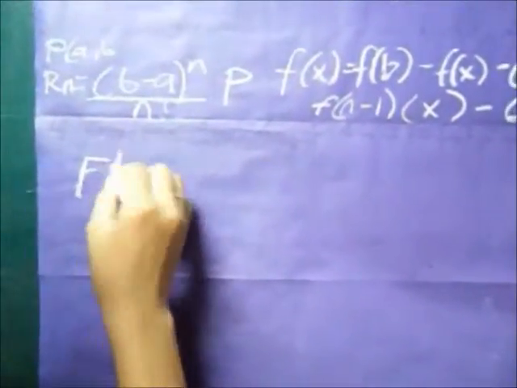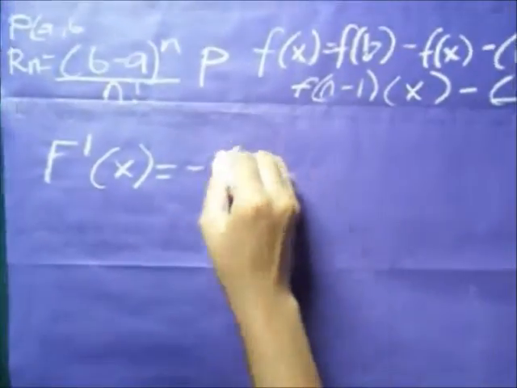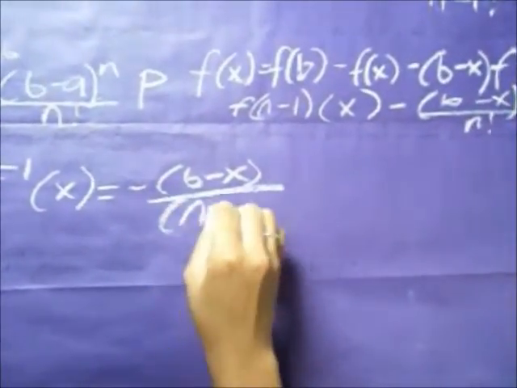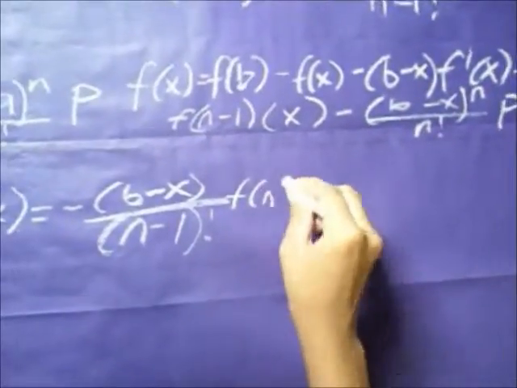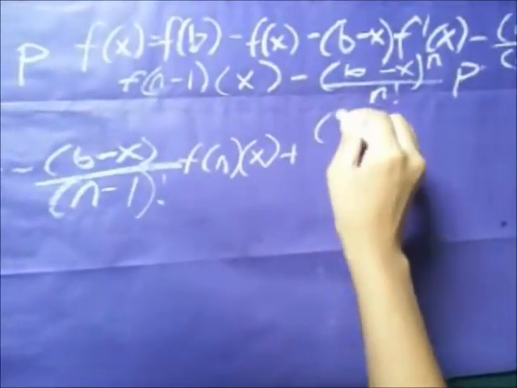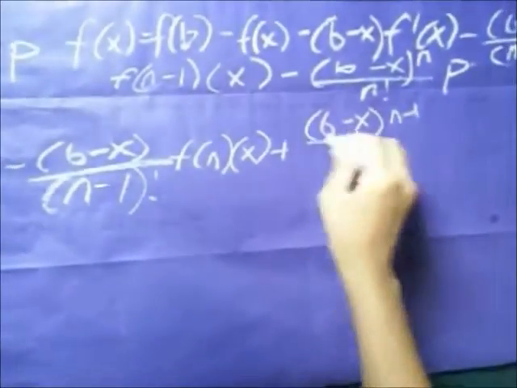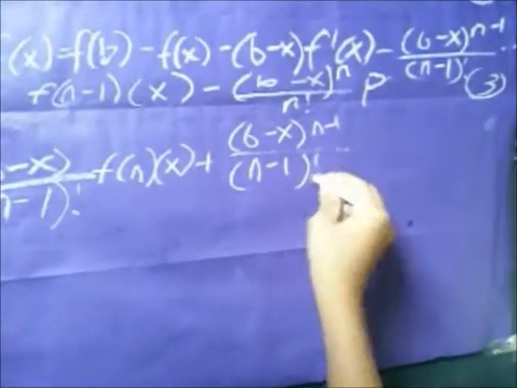F prime x is equal to negative b minus x to the n minus 1 all over n minus 1 factorial f n x plus b minus x to the n minus 1 all over n minus 1 factorial p.